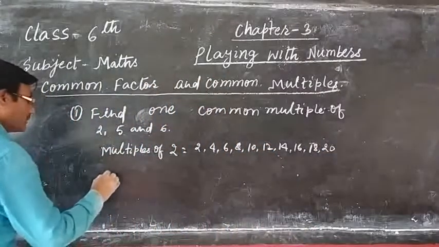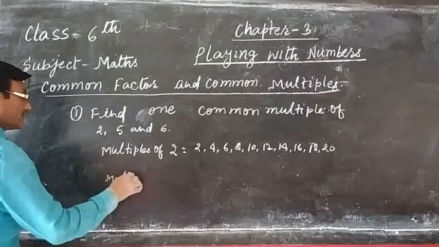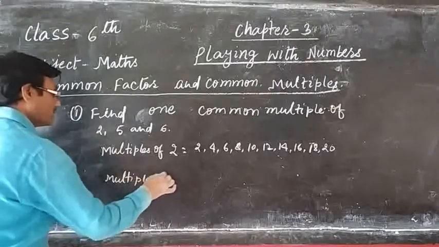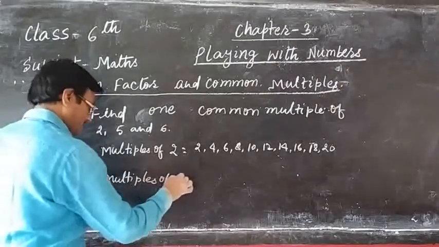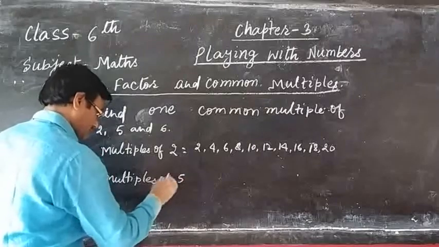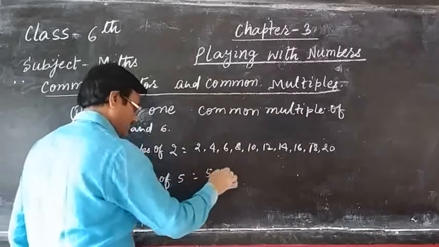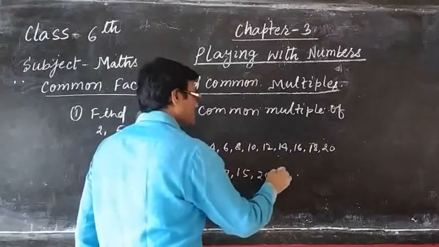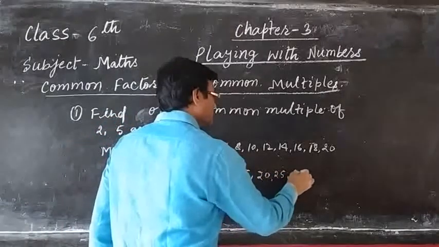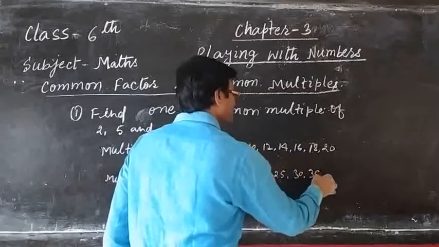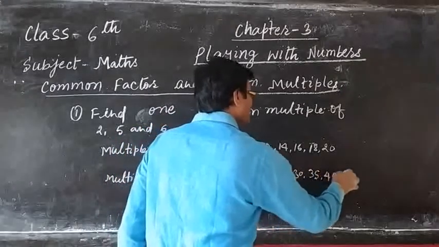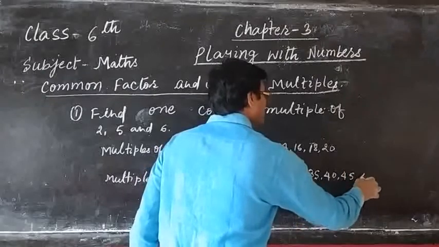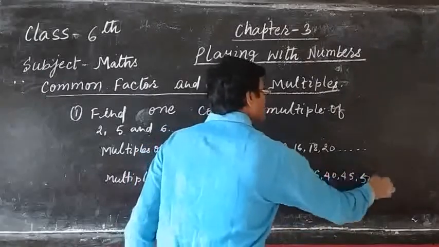Now we will write multiples of 5 is equal to 5, 10, 15, 20, 25, 30, 35, 40, 45 and 50 and so on.